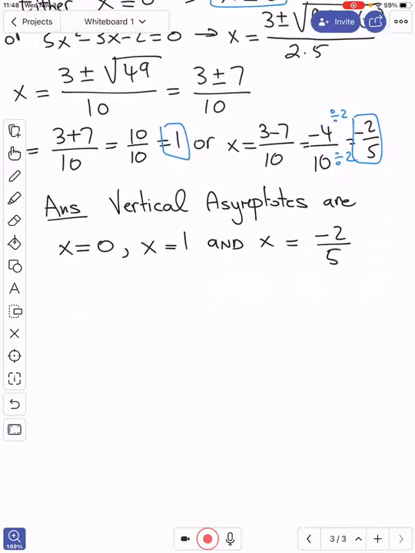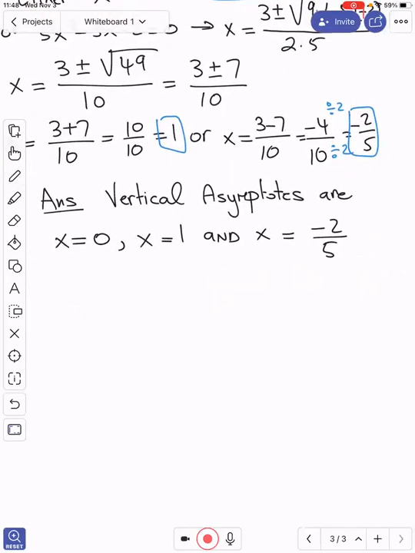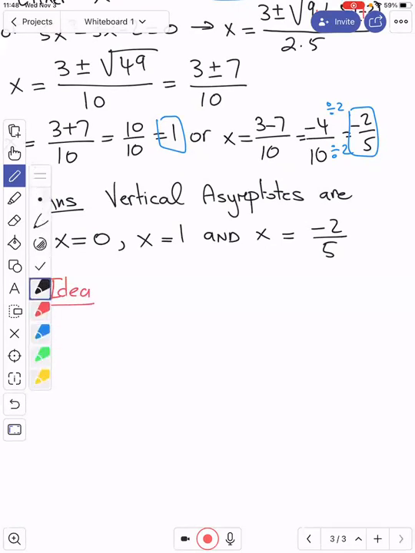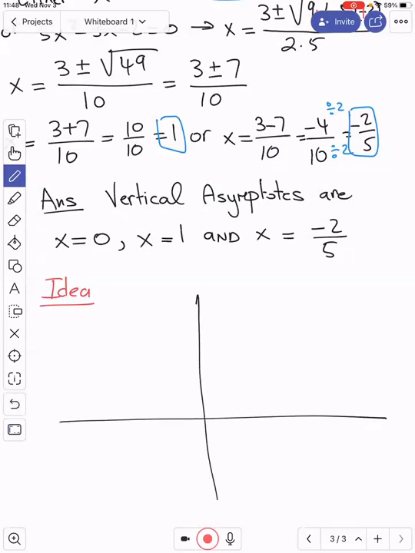So what does it mean to have x equal to 0, x equal to 1, and x equal to negative 2/5 as vertical asymptotes? So the idea is the following. In the graph, and of course I'm going to explain this in more detail next time with the exercises, this is my x equal to 0.